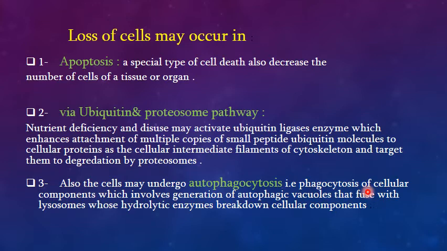The phagocytosis of the cellular component, which involves generation of an autophagic vacuole that fuses with the lysosome, whose hydrolytic enzymes break down cellular components. Autophagocytosis means the cells eat themselves. It is a generation of an autophagic vacuole that fuses with a lysosome containing hydrolytic enzymes, which lead to the breakdown of the cellular component, so it will lead to decrease and loss of the cell.